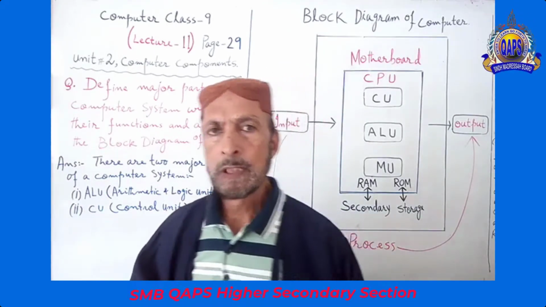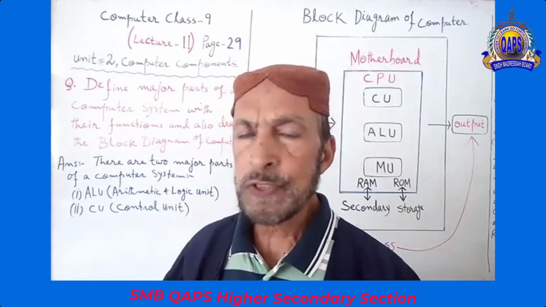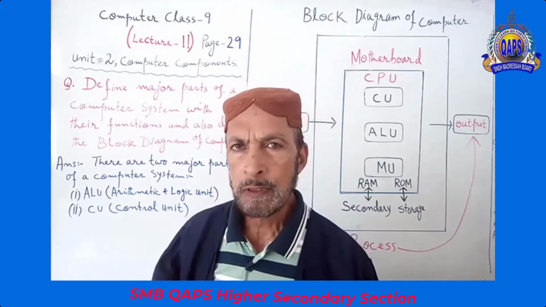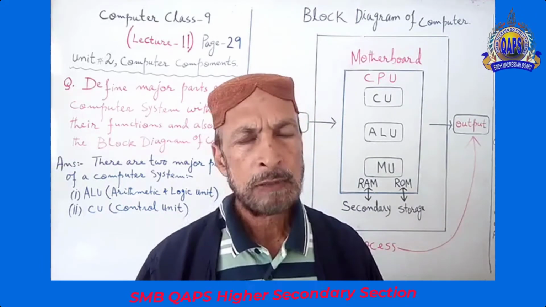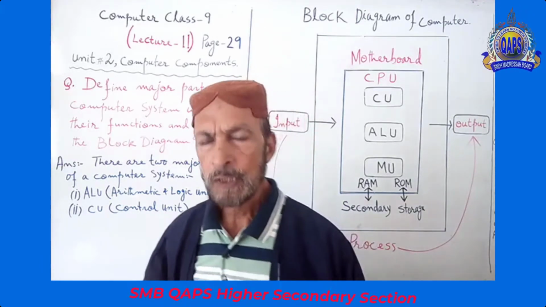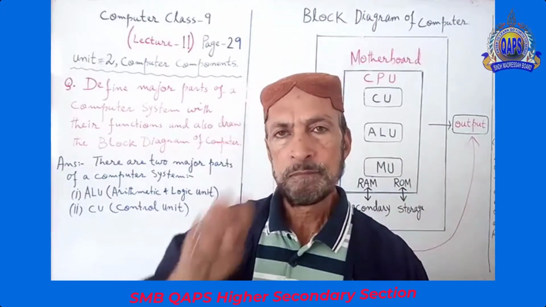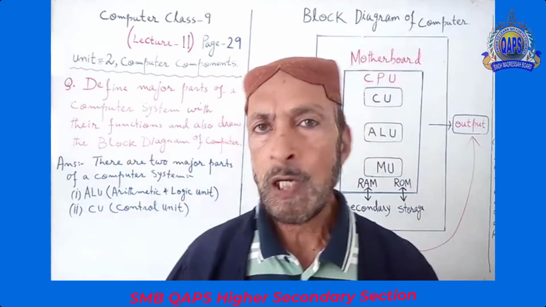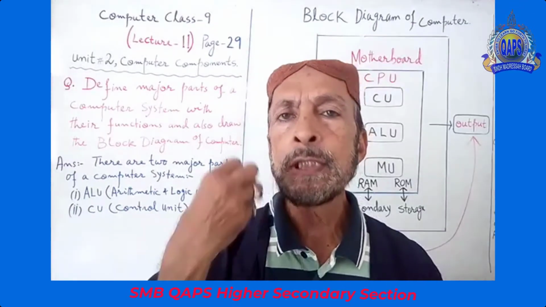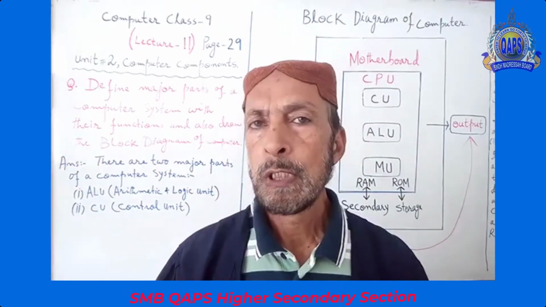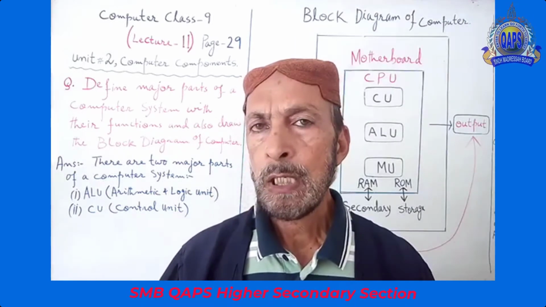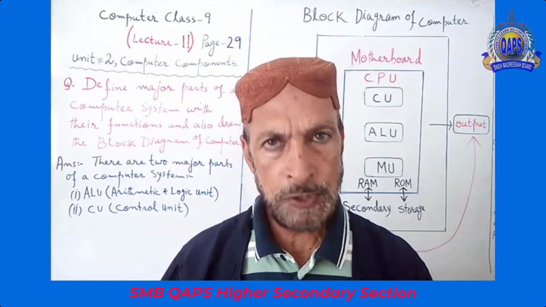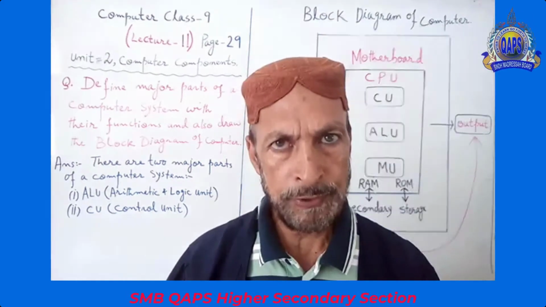But remember, when the question appears in your annual examination or in any examination and they are asking about the major parts of computer system, so remember this thing: major parts of a computer system are only 2: ALU, arithmetic and logic unit, and CU, control unit.